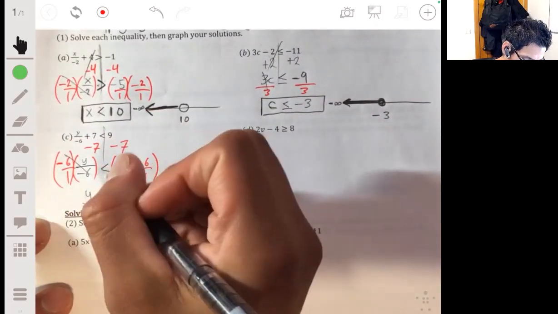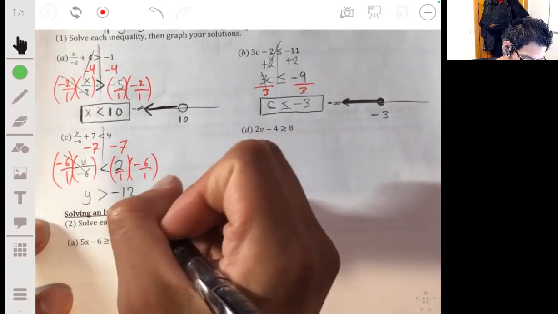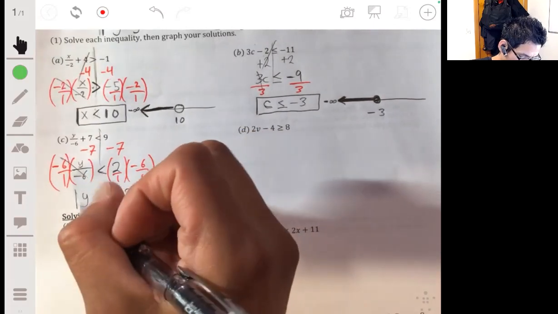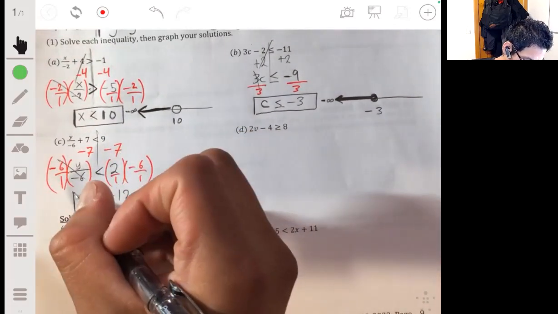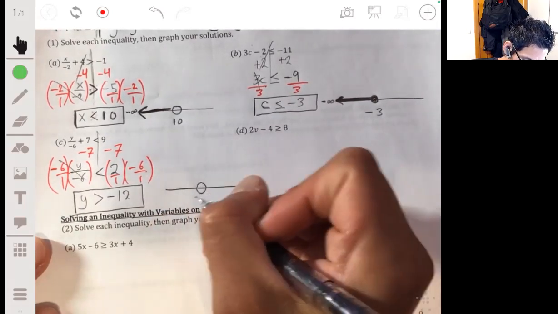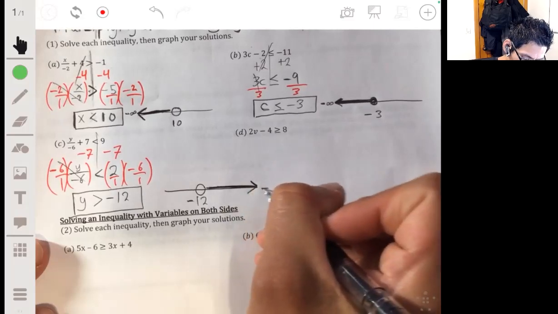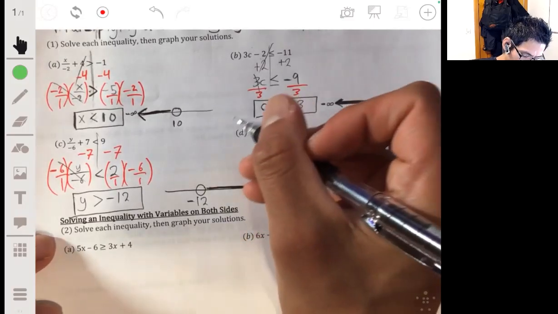And we get y, reverse the inequality symbol, y is greater than -12. Number line, open circle on -12, arrow to the right towards +infinity. Nice.